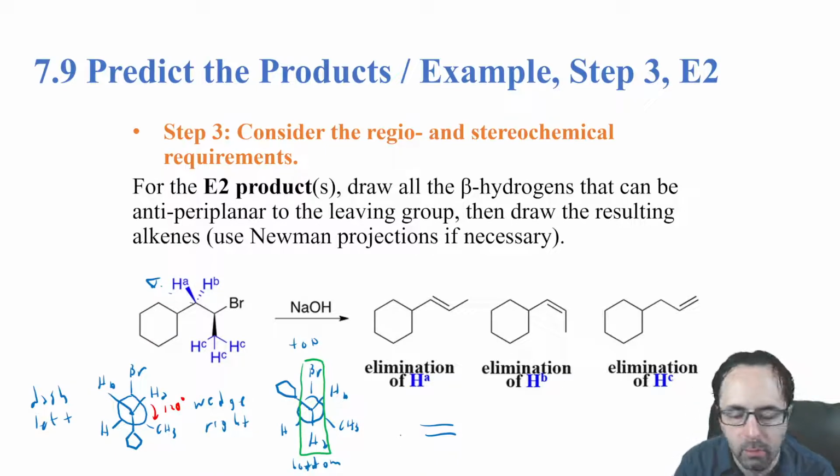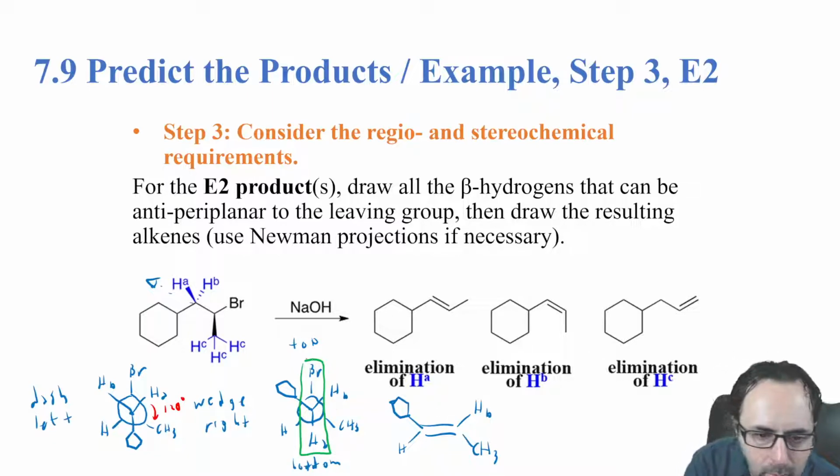You can be looking at it from either direction. But notice that the cyclohexane group and the hydrogen B are going to be on the same side in this case, and then the hydrogen and a methyl, CH3, are going to be on the same side.